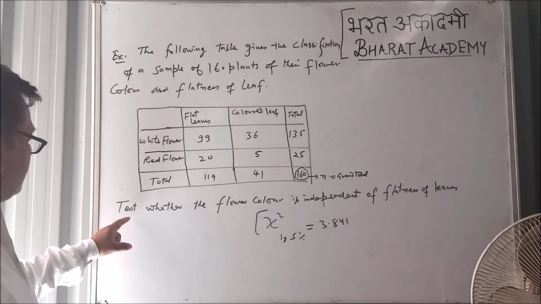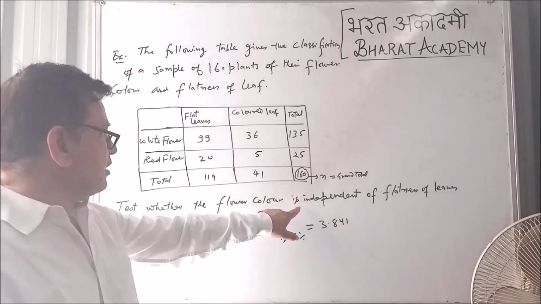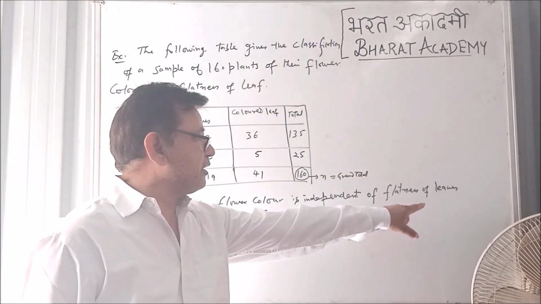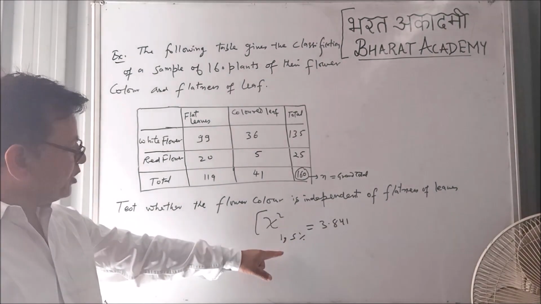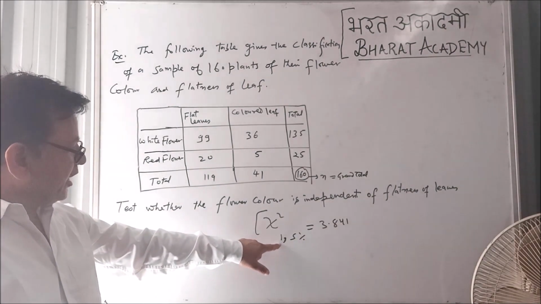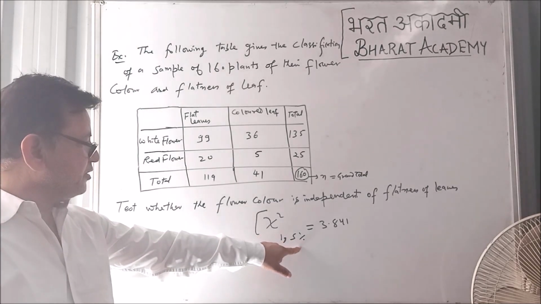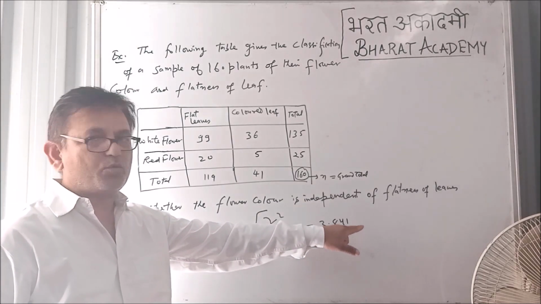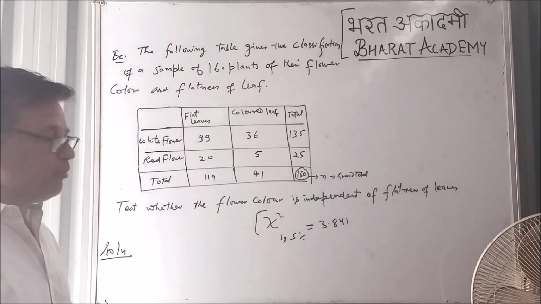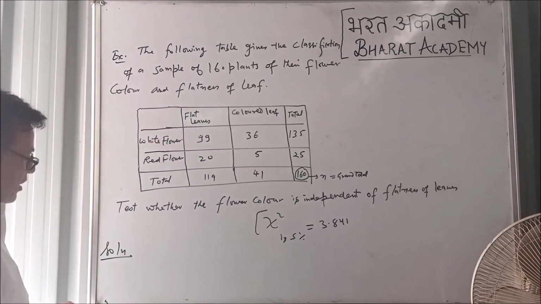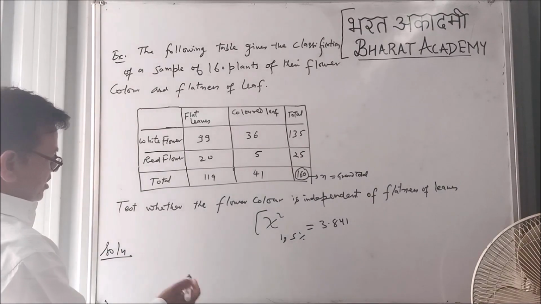We have to test whether the flower color is independent of flatness of leaf. The value of chi-square for 1 degree of freedom and 5% level of significance is 3.841, as given in the question. Now, as you know, in testing of hypothesis there are certain steps, and again we have to follow those steps.